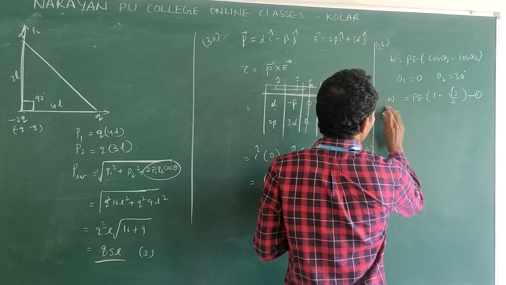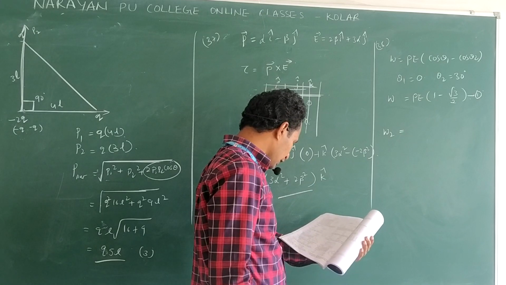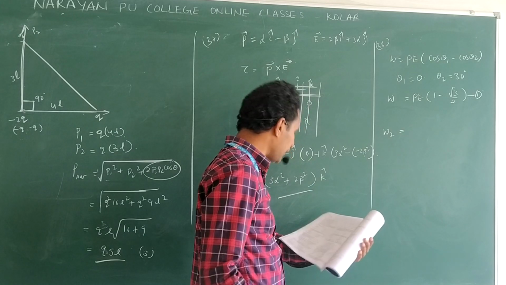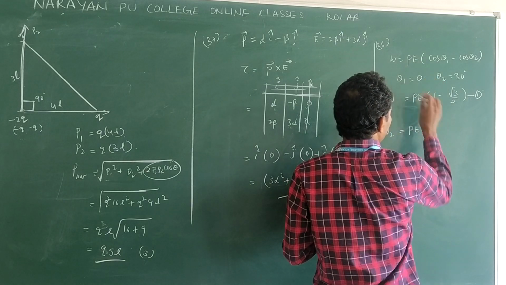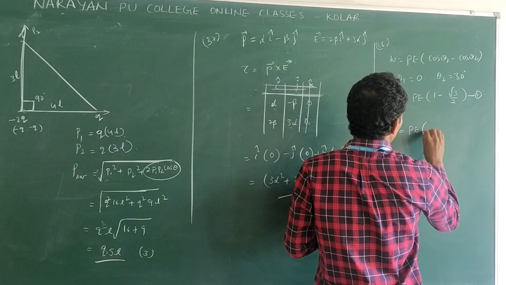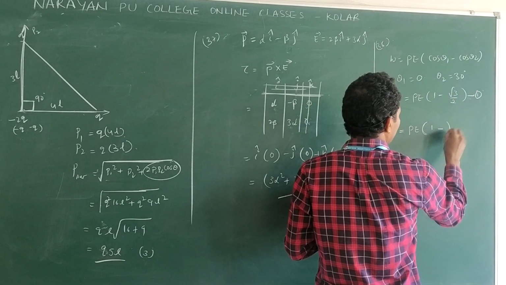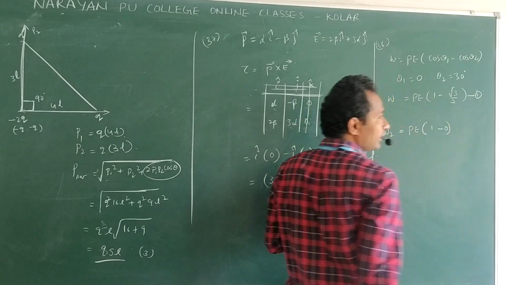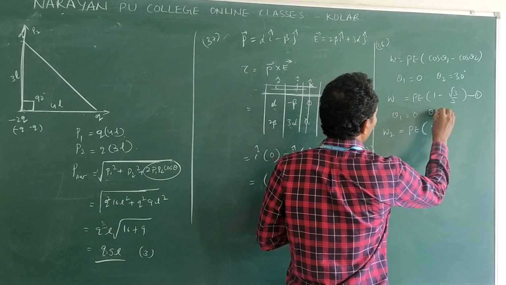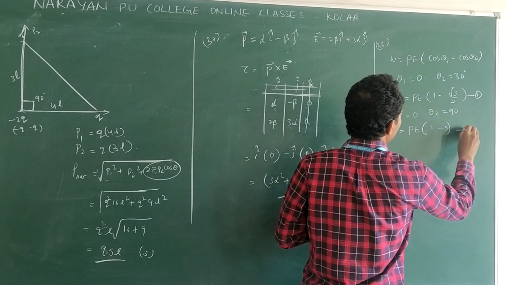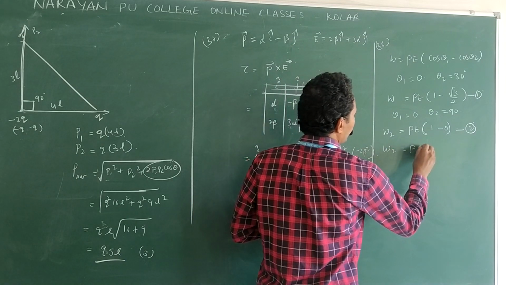Second case: W2 is the work done in rotating it by 90 degrees. Again PE cos initial angle 0 minus cos of the other angle, 90. Cos 90 is 0. Here theta 1 is 0, theta 2 is 90 degrees. This is equation 2. So W2 is equal to P.